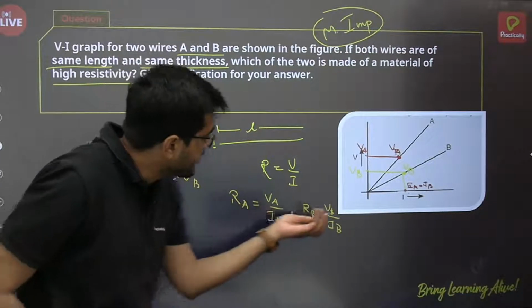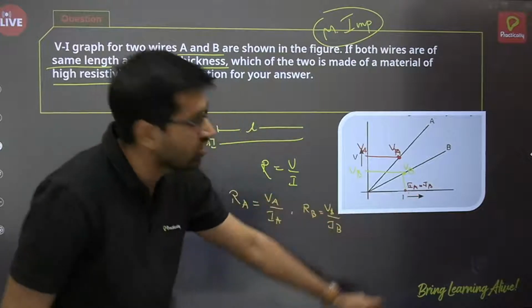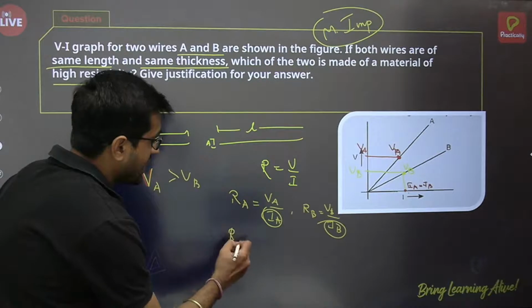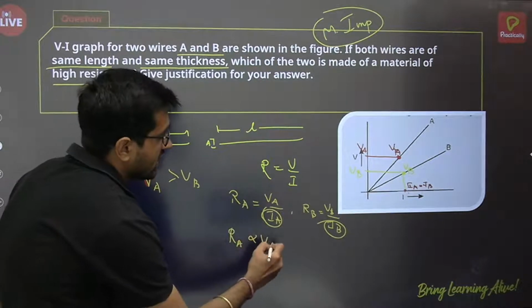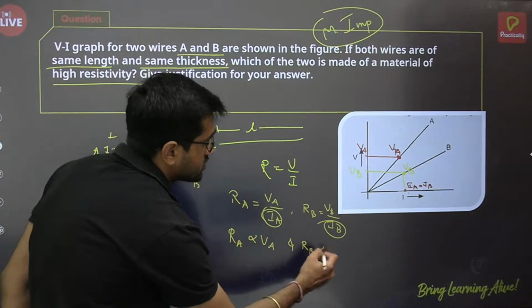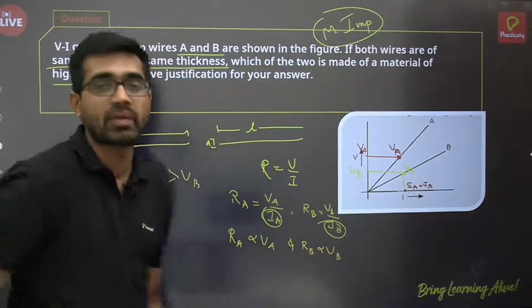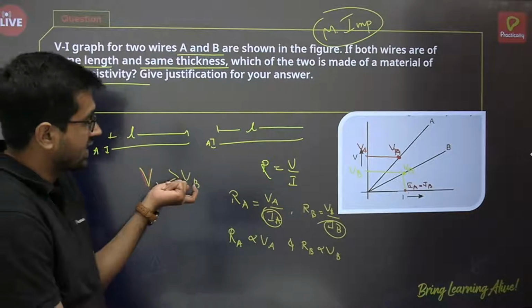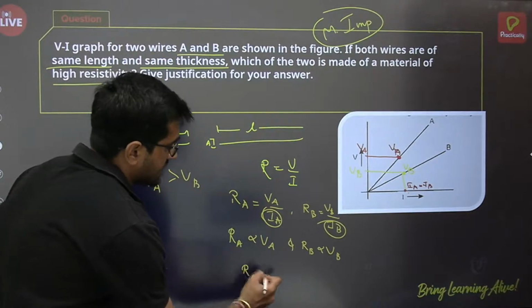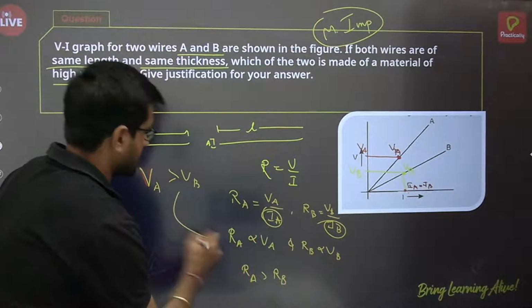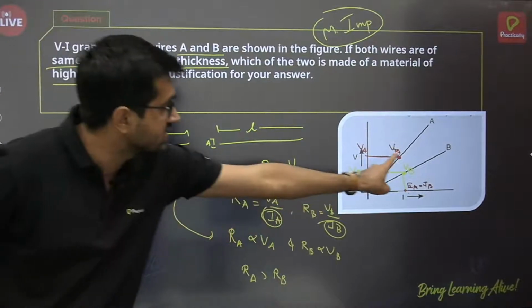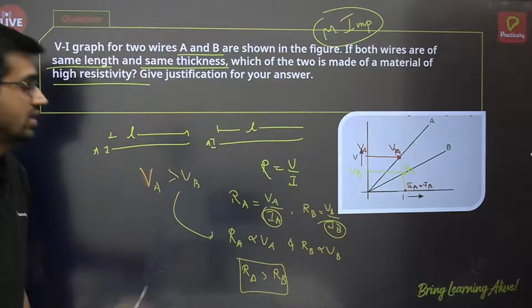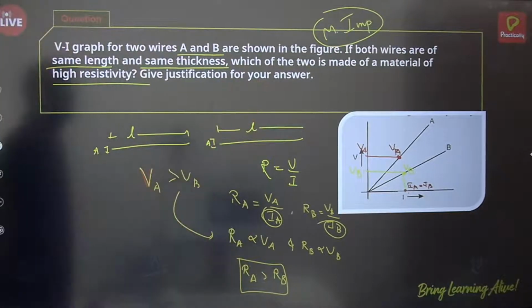When denominators are same, that is at the same value of current, IA is equal to IB, RA is proportional to VA and RB is proportional to VB. Considering these two are same, I have removed it to bring proportionality. Now I can see if VA is greater than VB, RA is greater than RB. Because of VA greater than VB in the graph, RA is greater than RB.